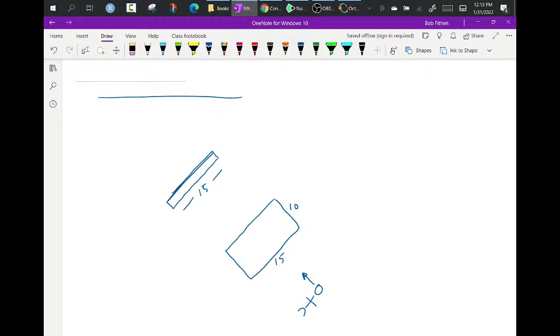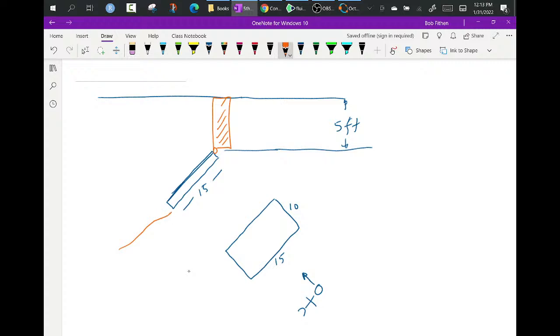Let me do it this way. I'm going to move this all the way over here, and you'll see why in a minute. It's 5 feet. So, to complete it and make it kind of a problem, we'll say this is a big section of concrete.